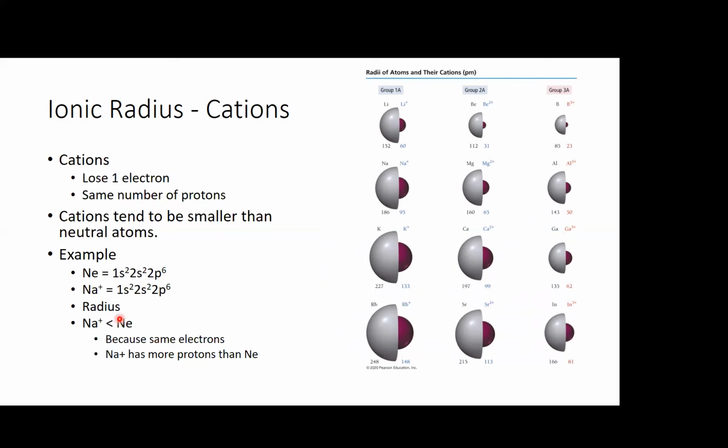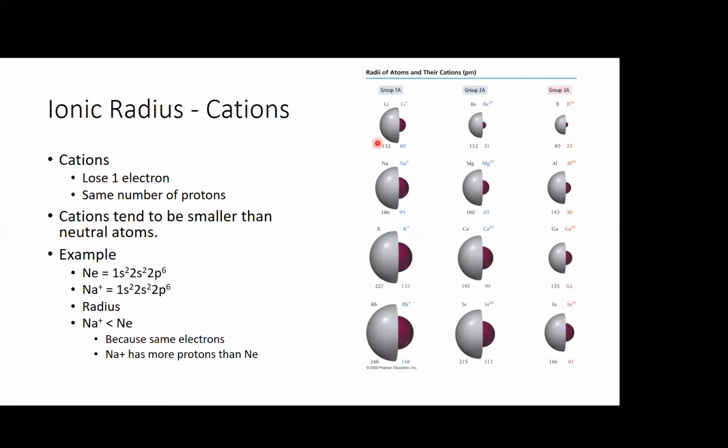Neon is going to be bigger. Neon has an equal number of protons and electrons, while the sodium cation has more protons than electrons, so its electrons are drawn in a little bit more, and that atom is going to be smaller. Because they have the same number of electrons, they're called isoelectronic, but sodium has more protons than neon does. So Na+ would be smaller than neon.